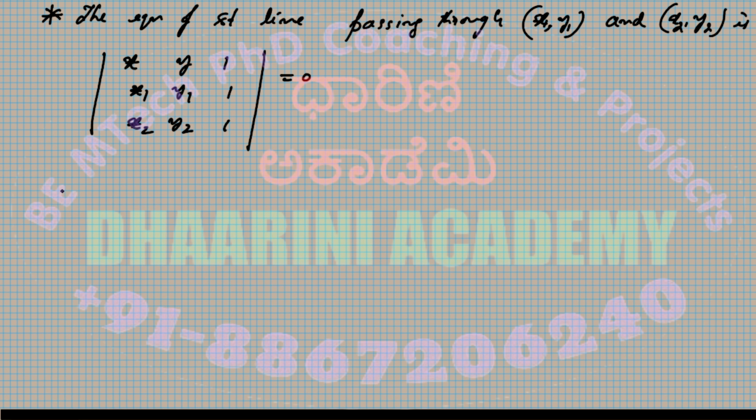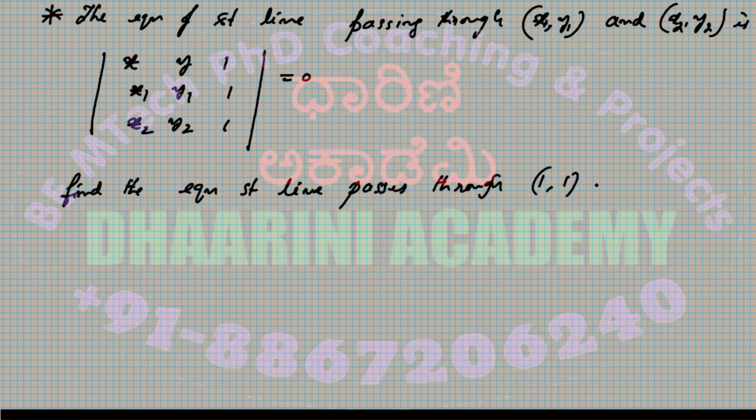So the question is to find the equation of the straight line which passes through 1 comma 1 and minus 4 comma 7.